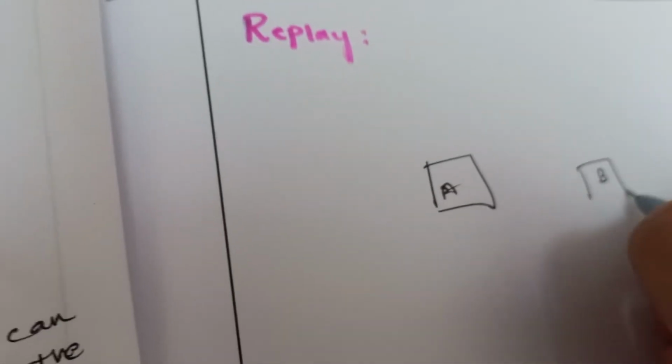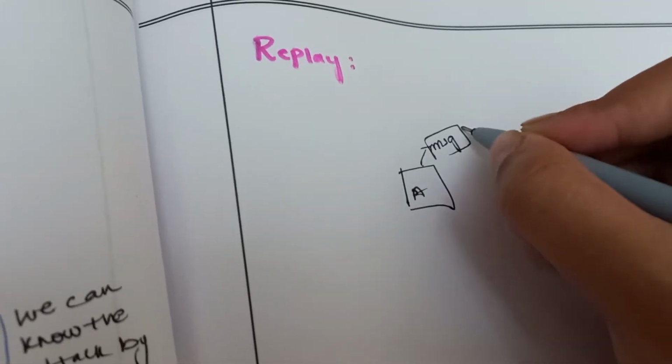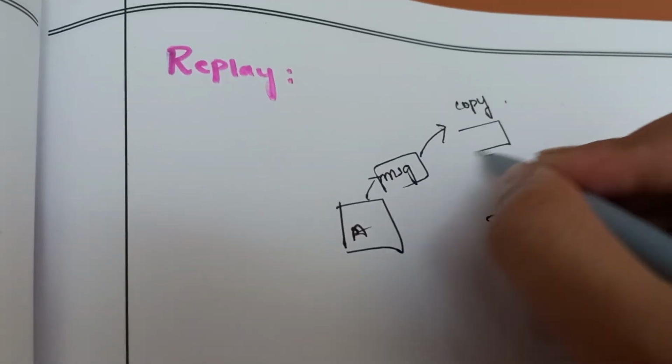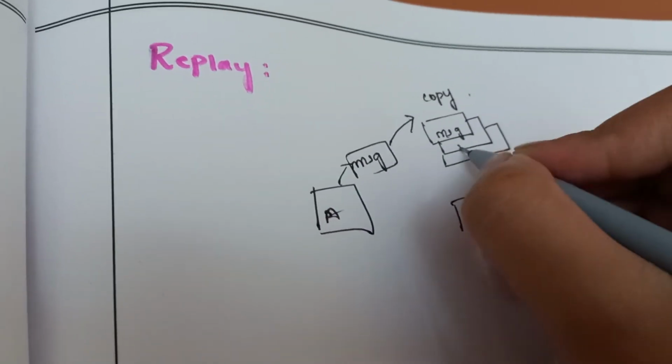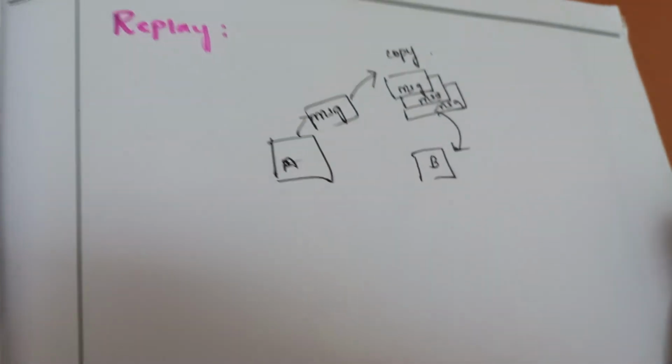Coming to the third attack, the replay attack. Let there be a message from A to B, and when it is sent it travels through a medium where copies of the message are created, and several such messages occur. This is sent to the receiver.